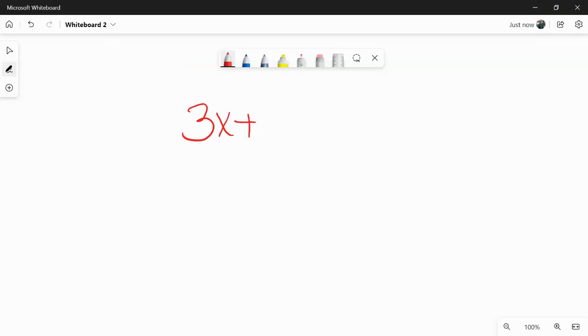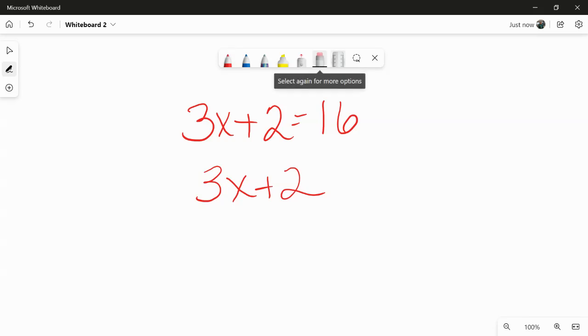3x plus 2 equals 16. Okay, so for example, this is an algebraic equation. An expression means it does not have an equal sign. And when we use these, each thing inside or part of the equation is a term.